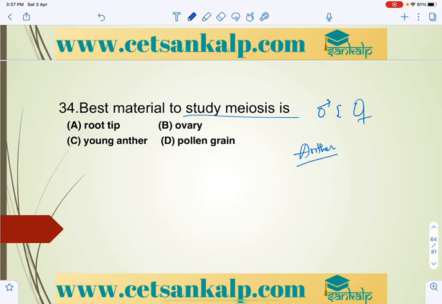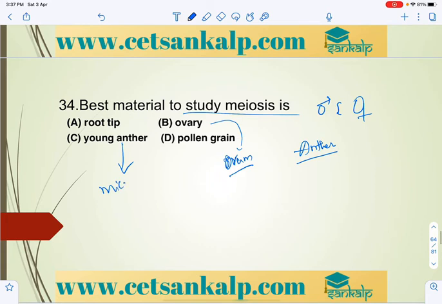In the ovary, ovum development takes place, but it is not the best material, because only one egg cell is produced, whereas in the anther, many microspores are produced.